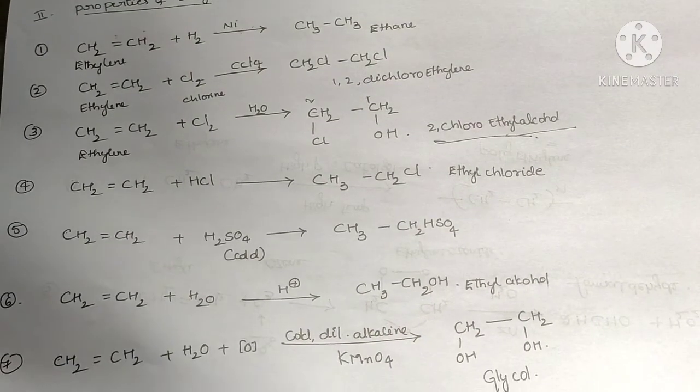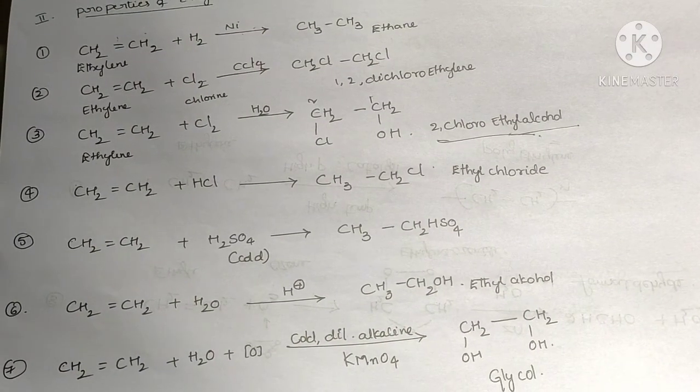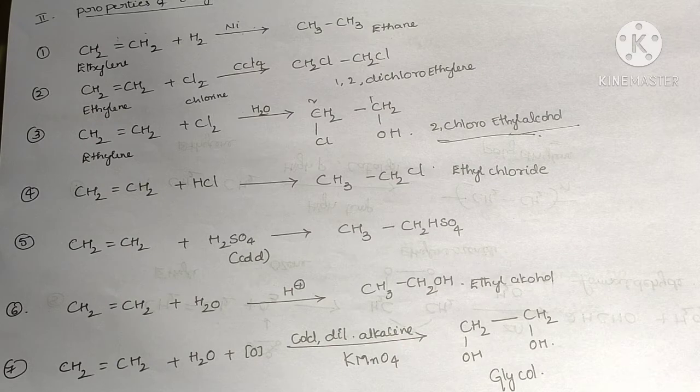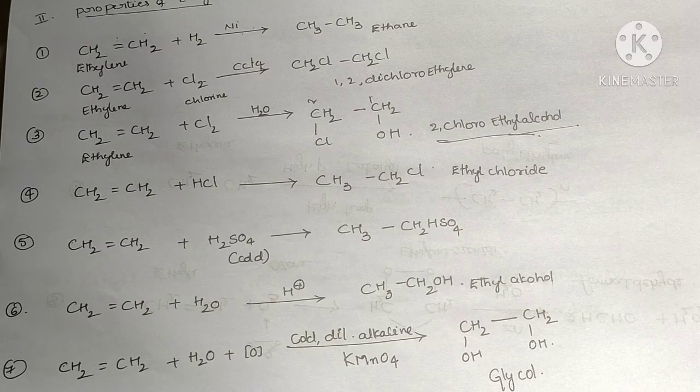And the next property is oxidation with KMnO4. Cold dilute alkaline KMnO4 is used for oxidation: CH2 double bond CH2 plus H2O plus oxygen. Which reagent do we use to oxidize the ethylene? Cold and dilute alkaline KMnO4. So it produces glycol.